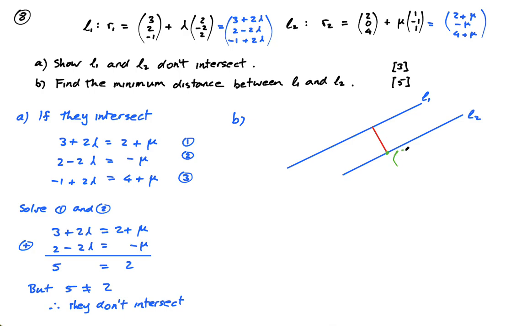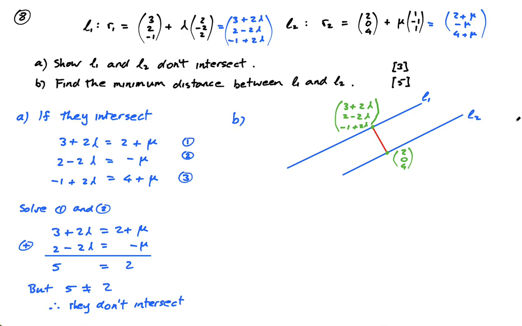I am going to call it the position vector 2, 0, 4, because that's going to help me in a second. Now this point here, it's not 3, 2, negative 1. Don't make that mistake. 3, 2, negative 1 might be, but it's very unlikely that that's the point that's right perpendicular to this point. So the point that's here, that I definitely know, is this general point, because every point on the line is 3 plus 2 lambda, 2 minus 2 lambda, and minus 1 plus 2 lambda.